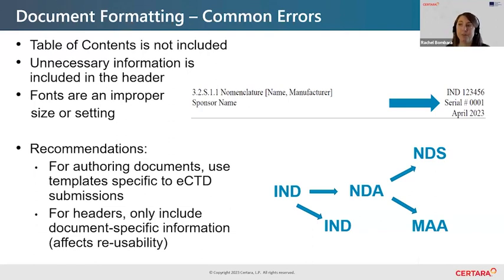But also, the application number, the serial number, and the date are included. Now, that's pertinent information, but it can be found in other and even better places within the submission instead of every Module 3 header. But this is still something that sometimes sponsors feel they want to include.